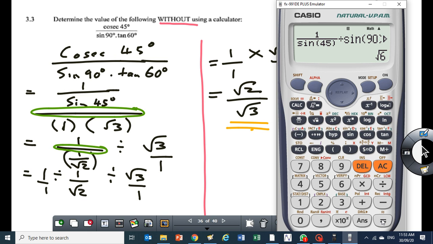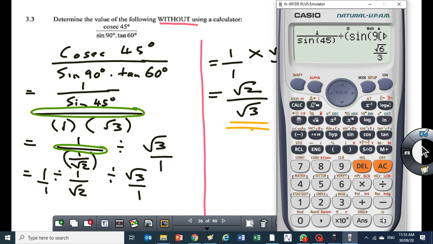Now my suggestion here is to put brackets here. Because if you don't put brackets, you might get a slightly different answer. So put brackets, put that sine 90 and the tan 60 inside brackets and see what you get. You will get that. Okay, that's the correct one.